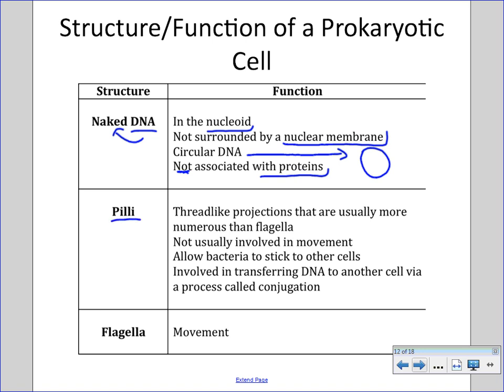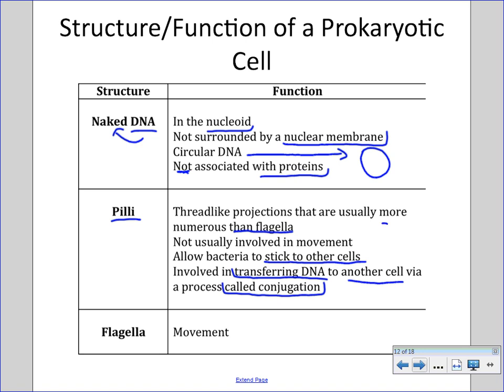Some bacteria will also contain a structure referred to as pili. These are thread-like projections and are usually more numerous than the flagella. They're not usually involved in movement, but as mentioned in previous slides, they allow bacteria to stick to other cells, and they have a special role in that they can be involved in transferring DNA to another cell via a process called conjugation.